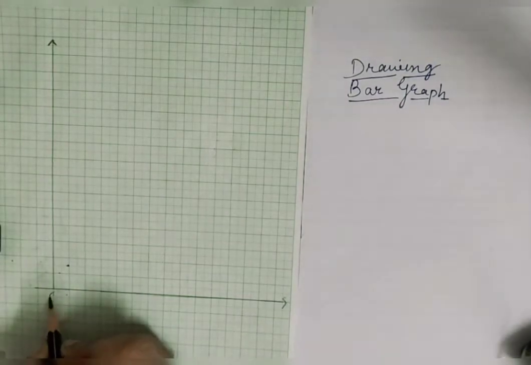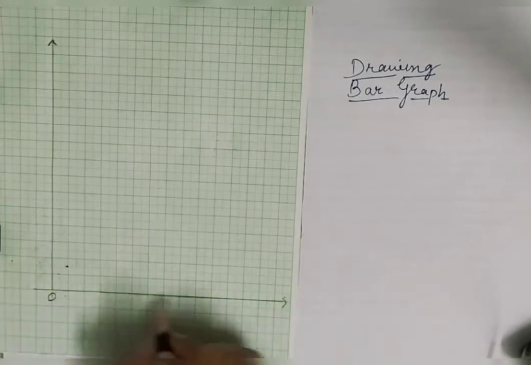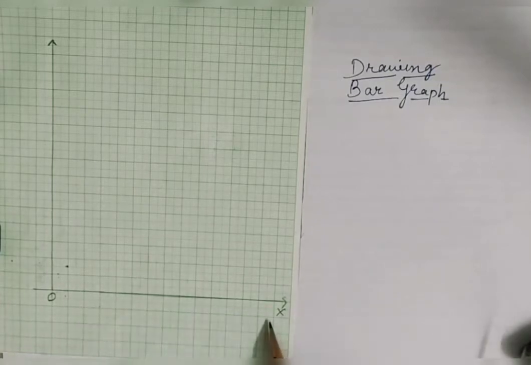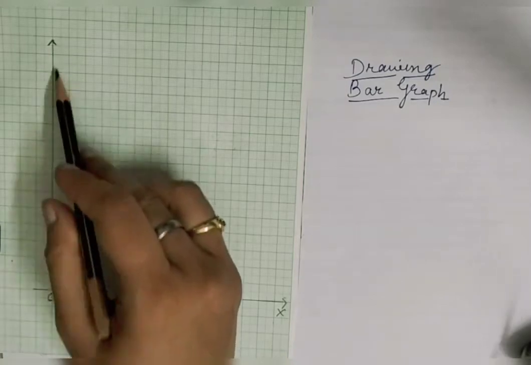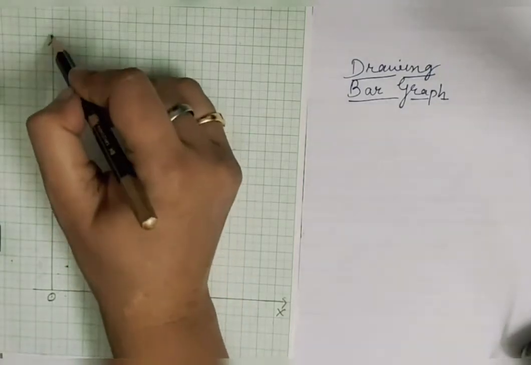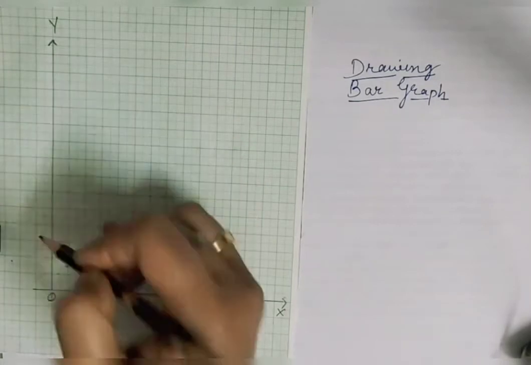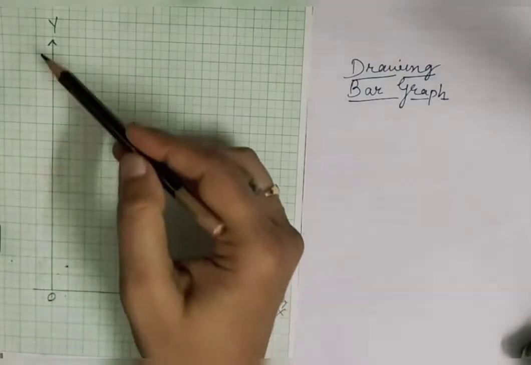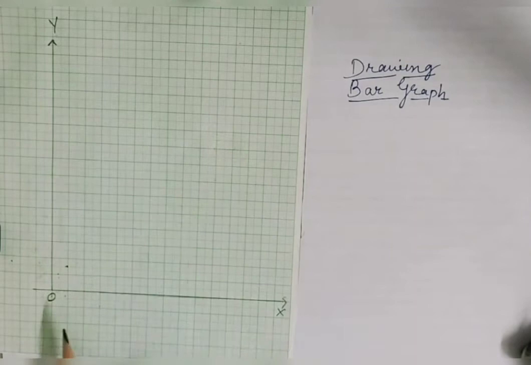The meeting point I'm giving the name O, and the horizontal line we call the x axis, so I'm representing it here as x. The vertical line we represent with y, as it is the y axis. That's why it is OY, and this is OX.